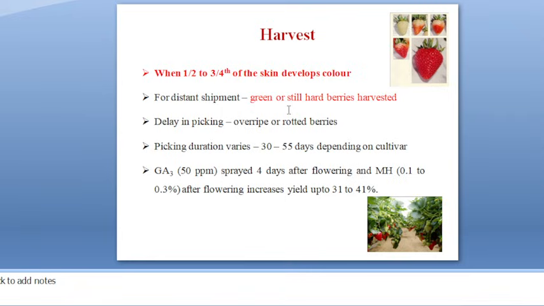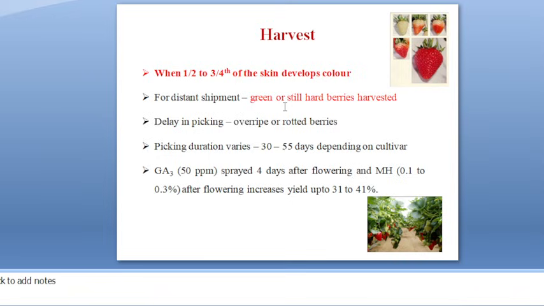If we want to harvest the fruits for long distance transportation or for export purpose, we can harvest at the green stage itself. If we delay the harvesting, that leads to rotting, and even the quality will get reduced. Once the harvesting starts, the duration may vary from 30 to 55 days.